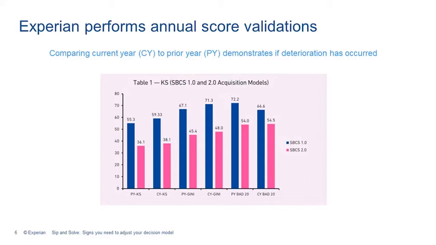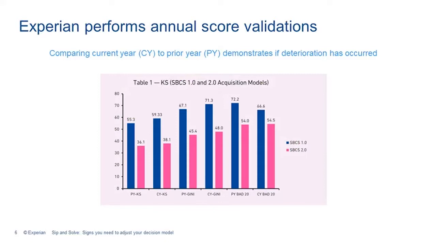And you can see that at the bottom of the chart, we have PY and CY for each of the 3 metrics, KS, Gini, and bad capture rate at the 20% level. PY is prior year, and CY is current year. And on this chart, we just happen to have two of our scores, our SBCS 1 and our SBCS 2 scores.